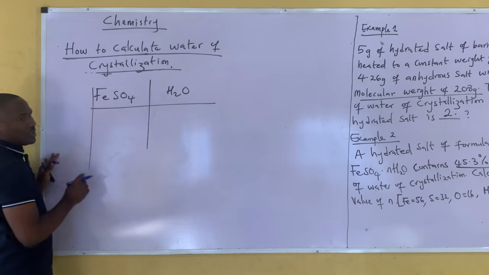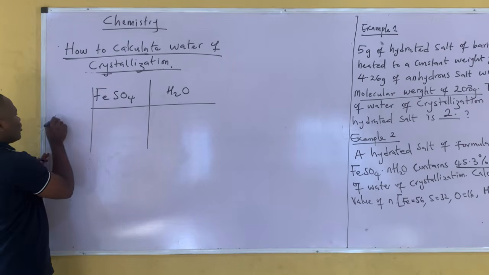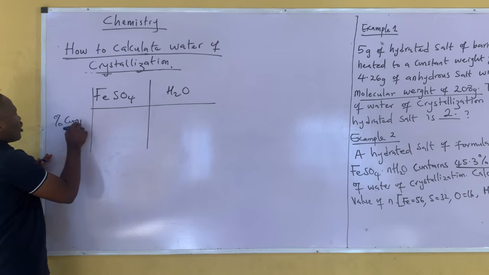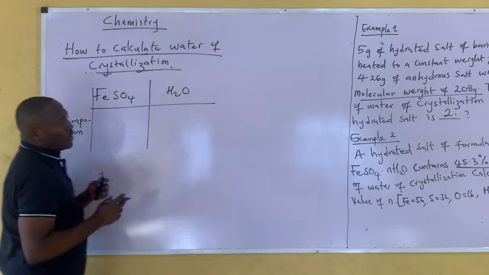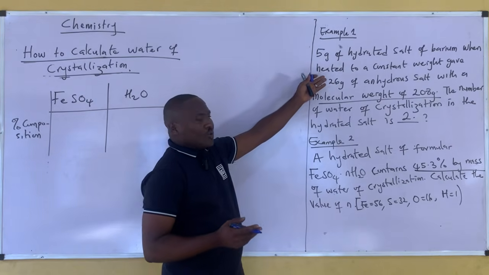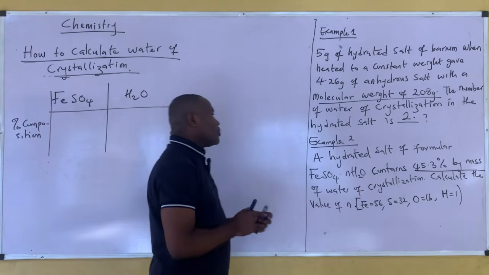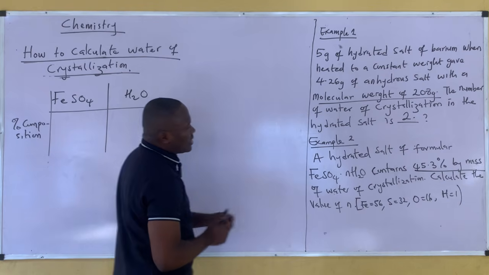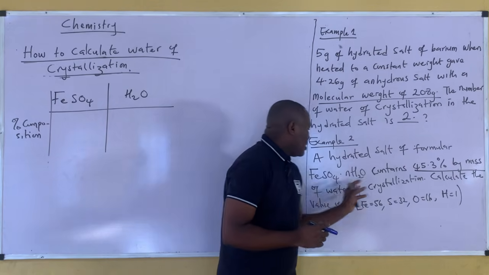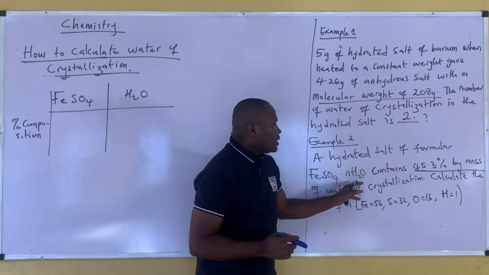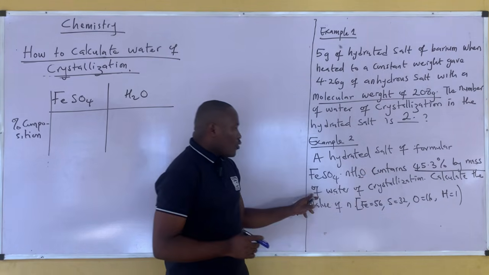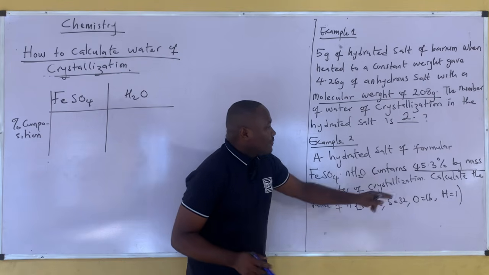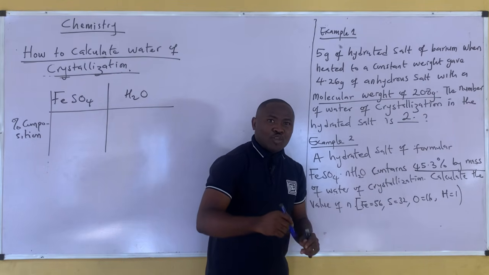Now, what is the first thing we are looking at? We are looking at the percentage composition. Now we are not given masses like the first question. Now we are given percentage composition. Now read again with me. A hydrated salt of formula FeSO4.nH2O contains 45.3% by mass of water of crystallization. So the 45.3% is for the water.